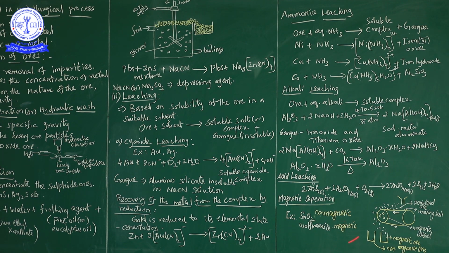The mixture of the ore is poured through the belt, which is attached by two wheels, one magnetic and the other non-magnetic. When the ore particle is non-magnetic, it moves away from the belt, and the magnetic impurities settle as a heap near the wheel. This is magnetic separation.